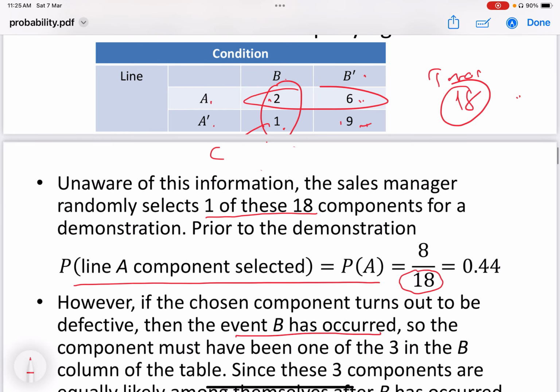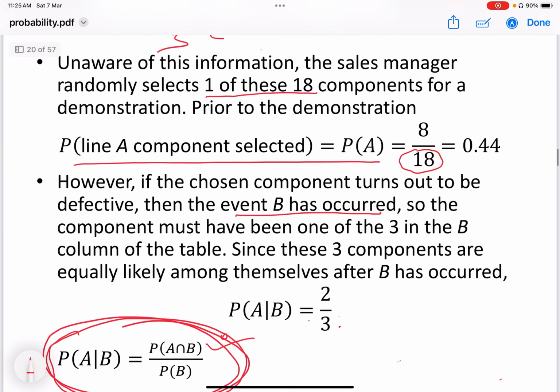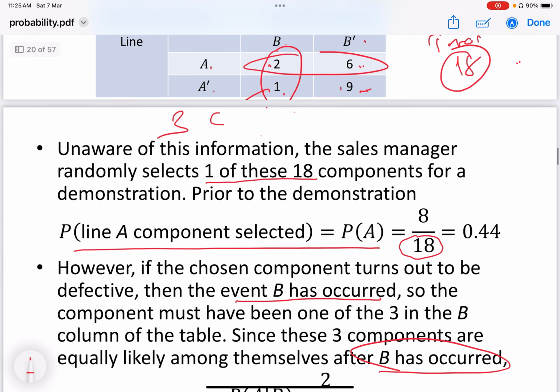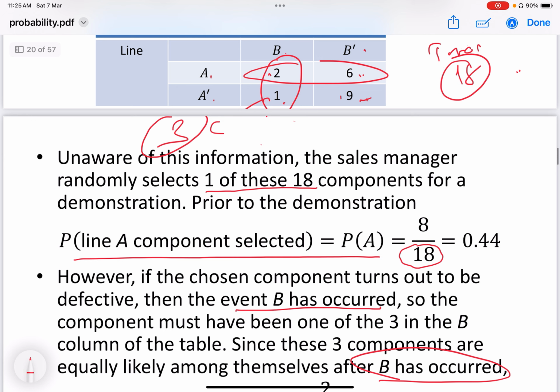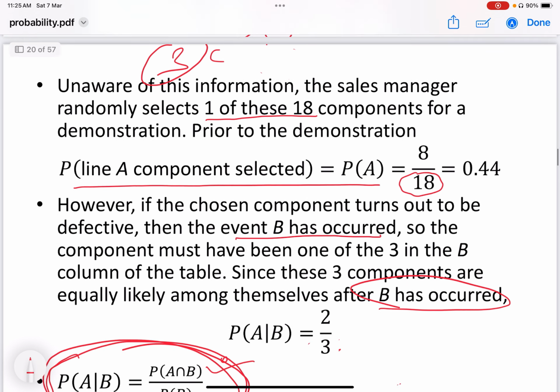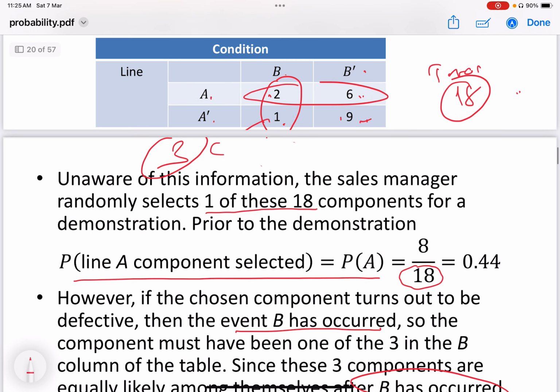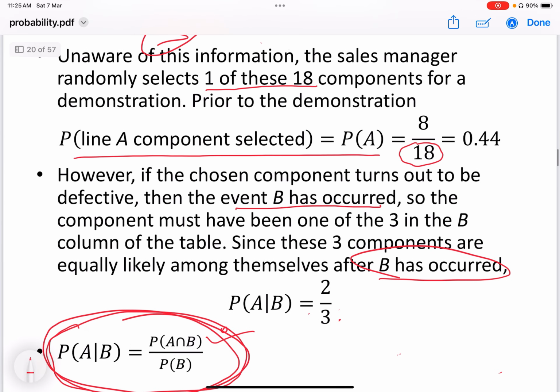Total defectives are 3: 2 produced by A and 1 produced by A dash. These 3 components are equally likely among themselves after B has occurred. So suppose first B has occurred, that is the defective items. Now the sample space becomes 3. What is the probability that it is line A? Total 3 defective and line A has produced 2. That probability is 2 by 3.